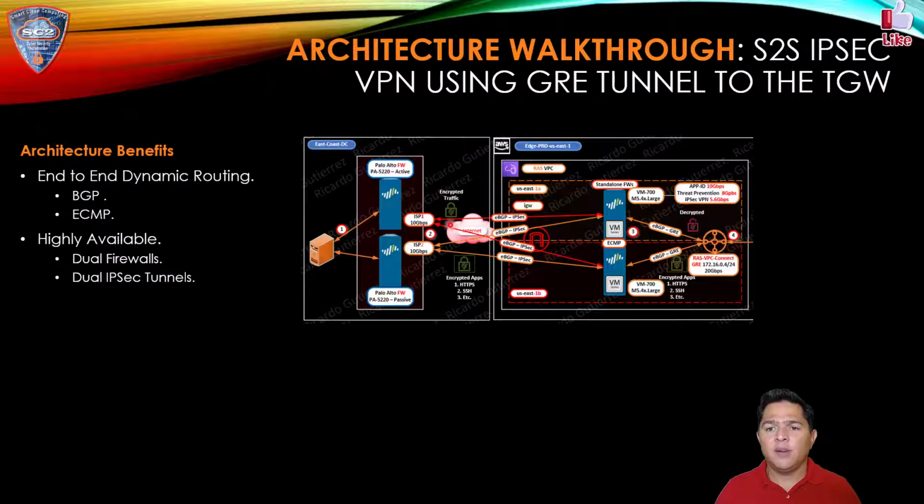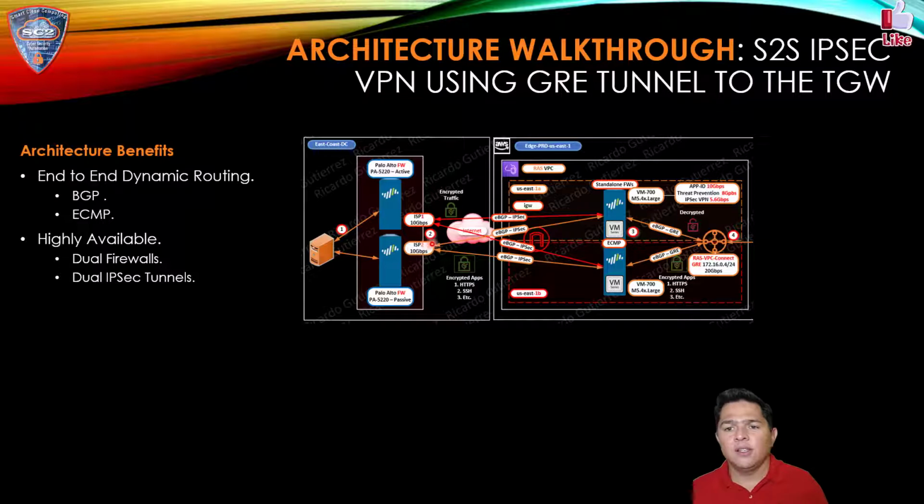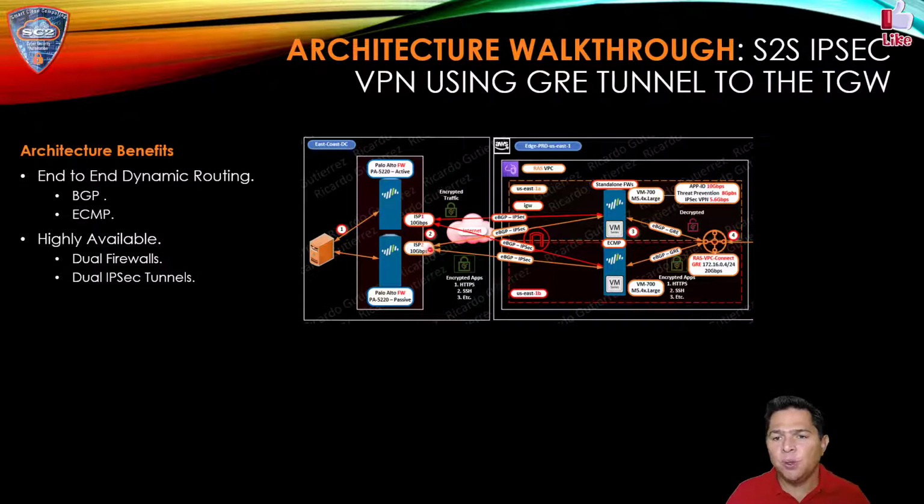In the data center, we have two ISP connections. So what you want to do is build your IPsec tunnels from these ISPs to the firewalls. This is a scalable solution, and the reason is that in AWS you can have multiple firewalls, so you can scale up horizontally.